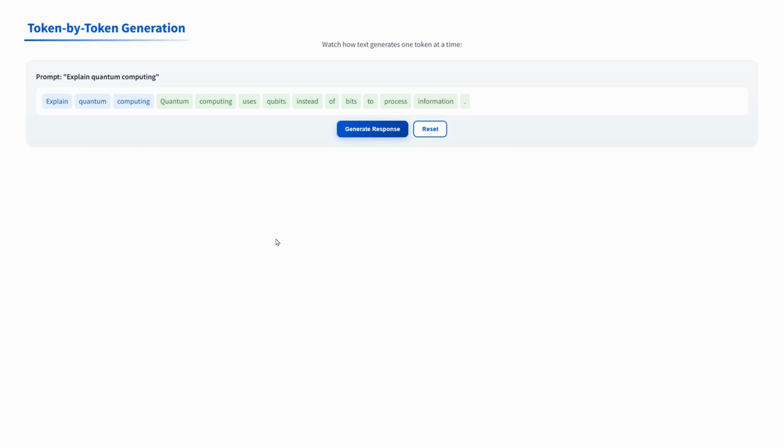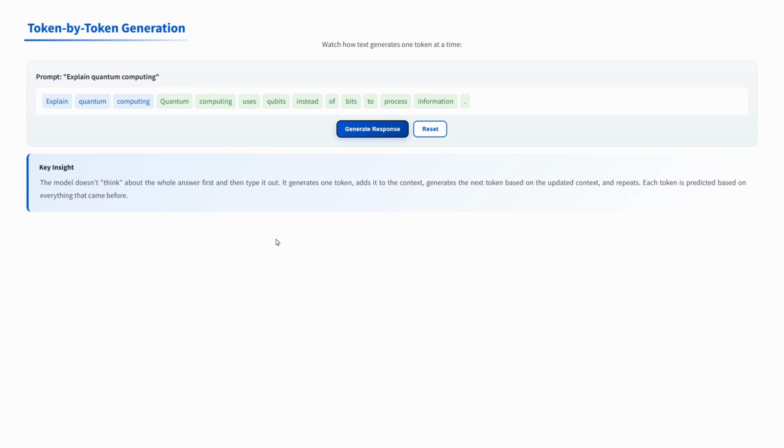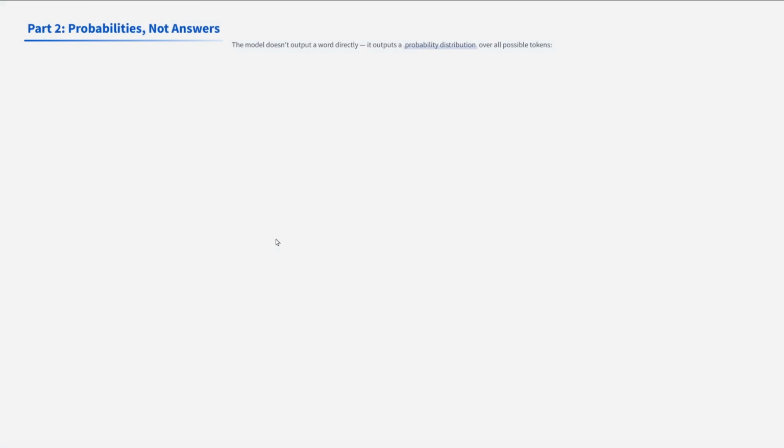Each token is predicted based on everything that came before. This is important. The model doesn't think about the whole answer first, then type it out. It generates one token, sees what it generated, and that influences the next token. The response emerges incrementally, not all at once.